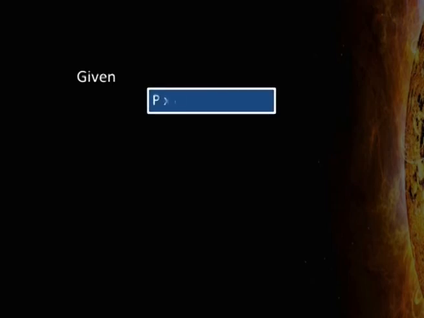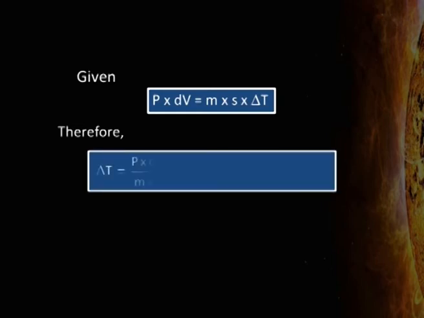Given that P dV is equal to M S delta T, therefore, delta T will be equal to P dV upon M into S. Putting all the values, we will get 607.8 divided by 10 multiplied by 18 multiplied by 4.184, which is equal to 0.807.